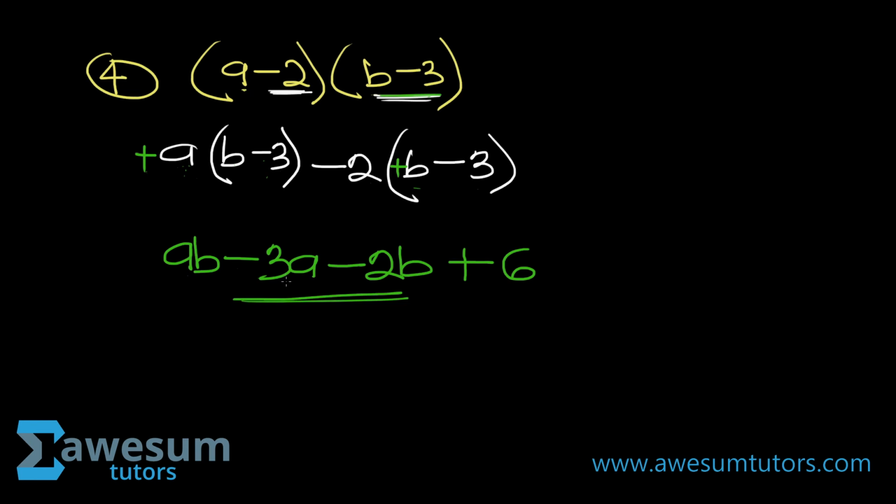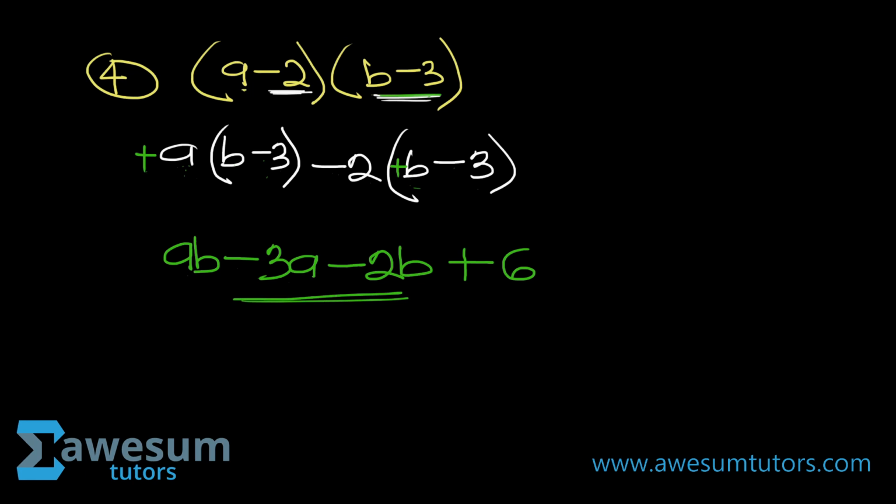A times 3 is 3a. Then negative 2 times b: b means positive b, and negative times positive is negative. 2 times b is 2b. Negative times negative is positive, that is like signs. 2 times 3 is 6. So this is my final answer. Very easy guys.